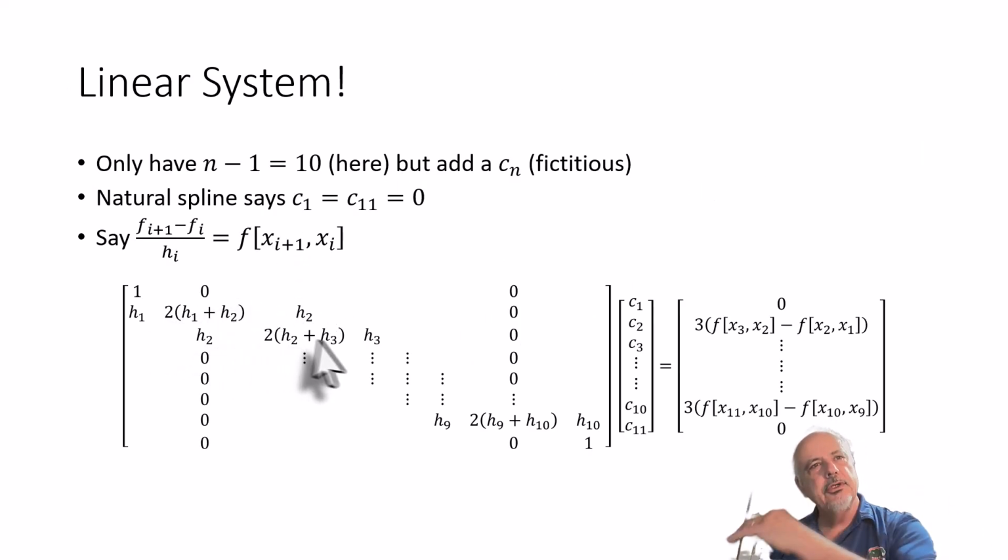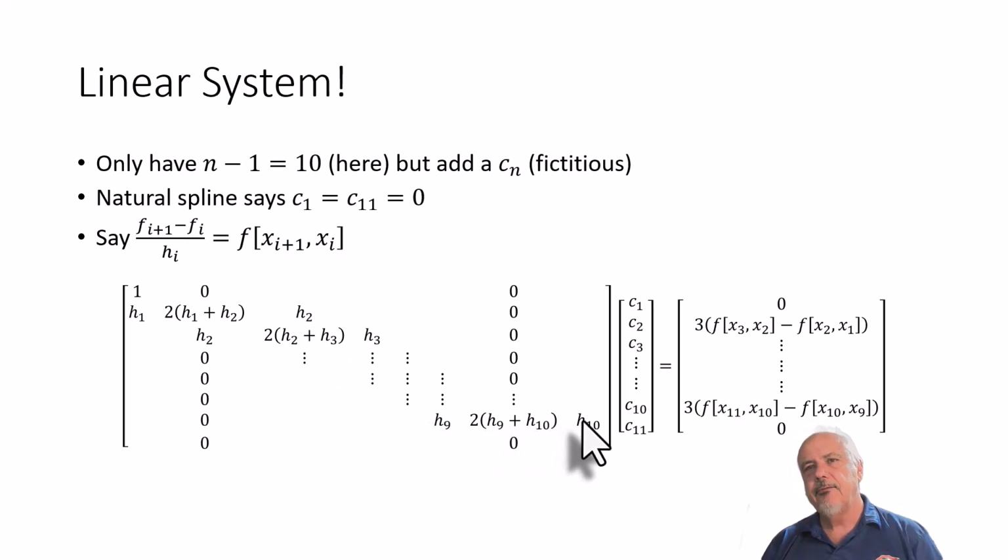And then you just increment, and the H, the 2 with the sum of the H's, and then the other H just slides over one column as you get all the way to the end, and then it finishes out.